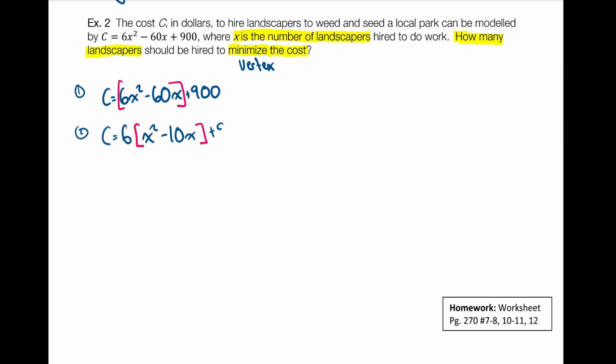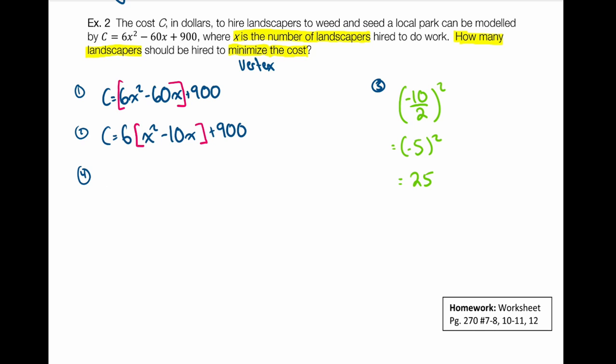And then the plus 900 is outside of the bracket. The third thing I need to do is find my magic number. So I need to take the x coefficient, or -10, divide it by 2, and square it. This leaves me with -5 squared, which is 25.